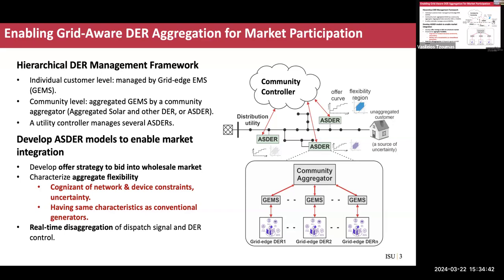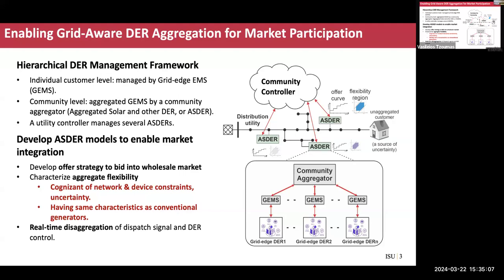Those aggregators are trying to aggregate a number of end users and bring those devices to the bulk power system. Of course, in doing that, we also have to respect some distribution system constraints, because the aggregators normally don't have visibility into the distribution system. They have no observability, and they also have no responsibility in managing the reliability and stability of the distribution system.